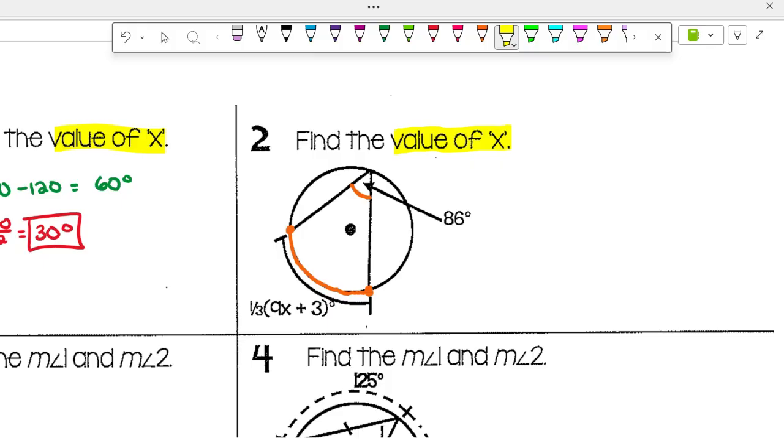So first off, we know what the angle measure is equal to. So can't we figure out what the arc is equal to without having to solve for x or anything? Can't we do that? Yeah. What's the only thing we got to do to find that arc? You just multiply 86 times 2, which is what?